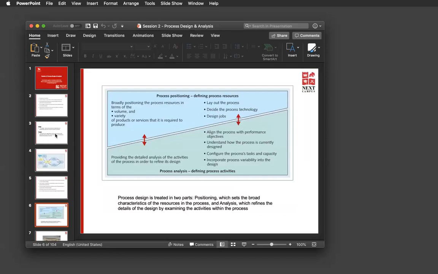Let's take an example. You want to put in a restaurant. Let's say you decide that you want to build a restaurant. Now, once you make that decision, the first thing is you need to identify what kind of operations you are trying to include in the business.